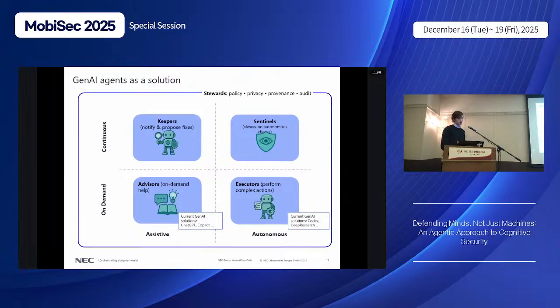And then over all of this, we would need also a set of agents that can control the policy, privacy, provenance, and auditability of the whole system, and carrying and keeping in track of the memory of our systems.